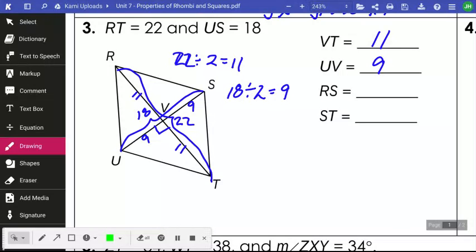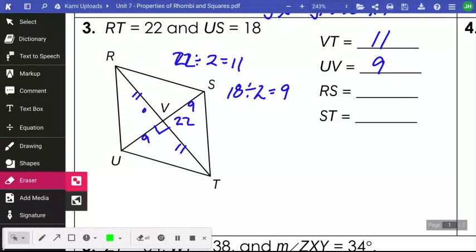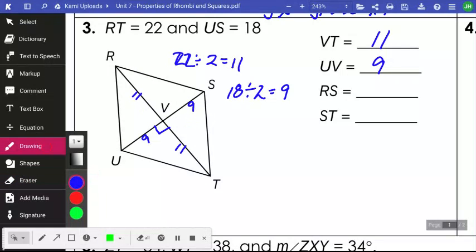Now RS, I'm going to erase these parts here that I don't need right now. RS is this diagonal here, which is part of this right triangle. And I know 2 of the 3 sides of this right triangle are 11 and 9. Now, benefit to this, we don't have to do the subtraction we did before, because I know the 2 legs, the 2 sides attached.